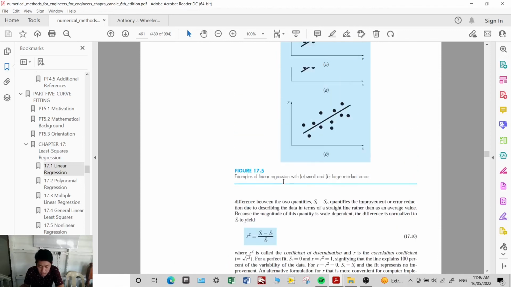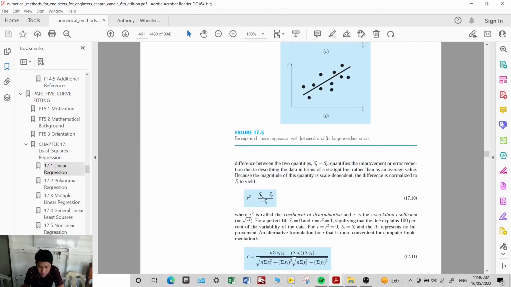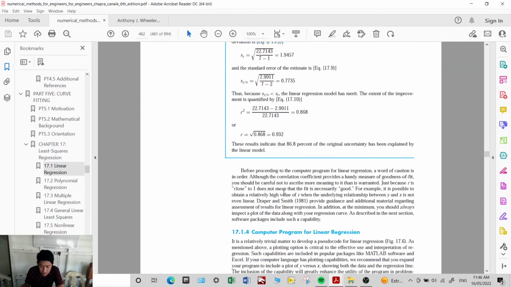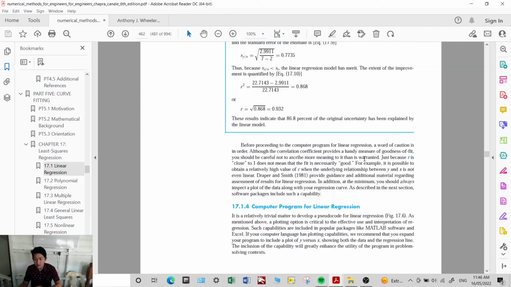Okay, that actually came from here. But take note that if your r is close to 1, it does not necessarily mean the fit is good.